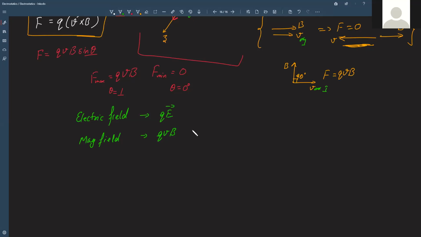So the total force is called the Lorentz force, and that total force is equal to Q into E plus V cross B. That is electrostatic force plus the magnetic force, or the force due to the magnetic field. So this is called the Lorentz force, right? So that is all about the force on this.